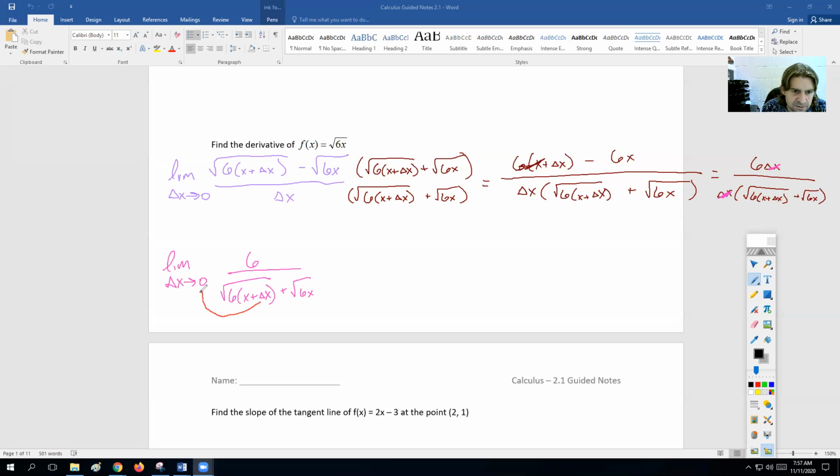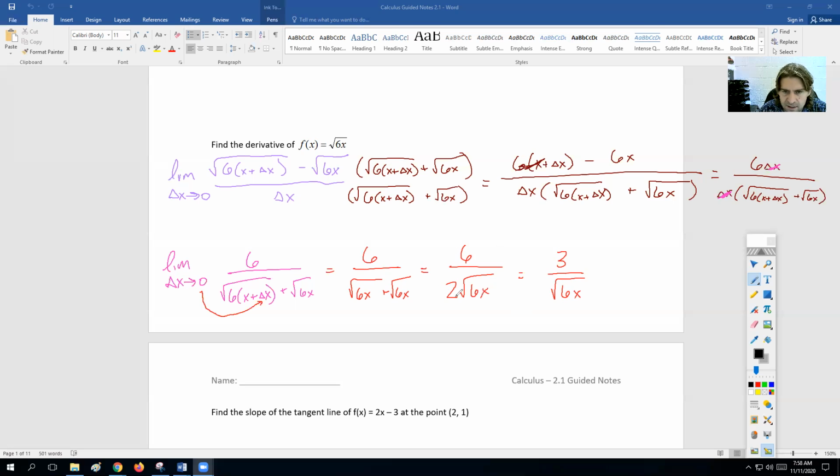If we make our delta x go towards 0, we'd get 6 over radical 6x plus radical 6x, which means we would have 6 over 2 radical 6x. We can divide the 6 by 2, and we'd get 3 over radical 6x.